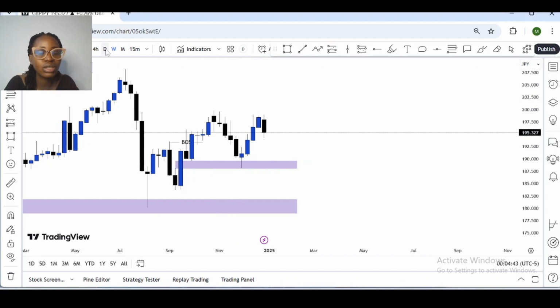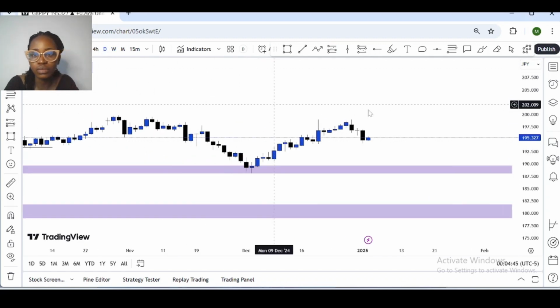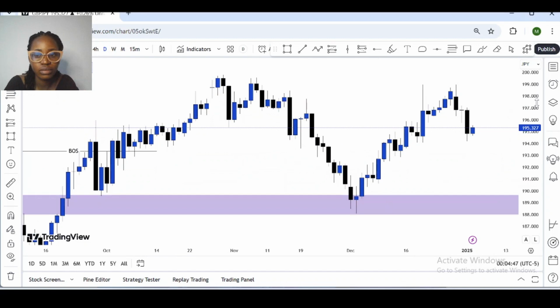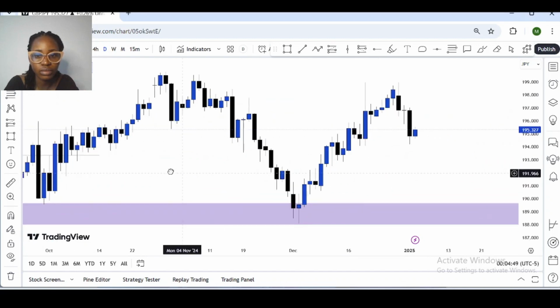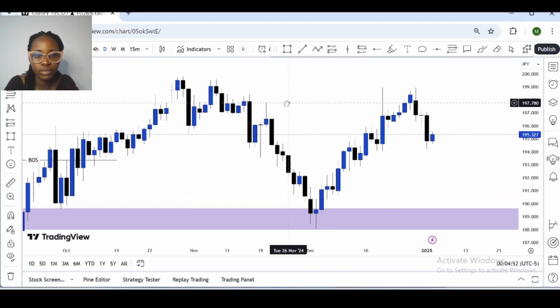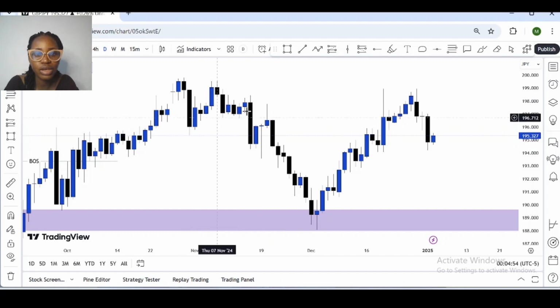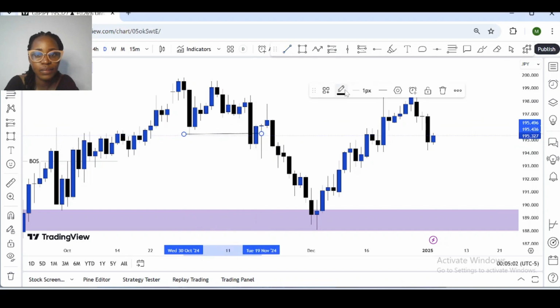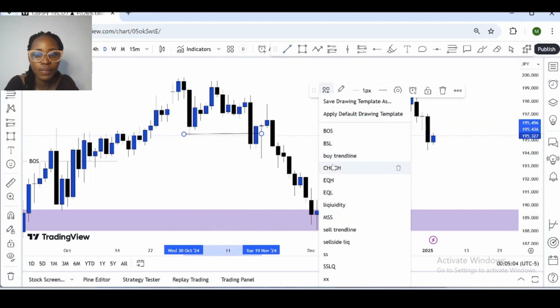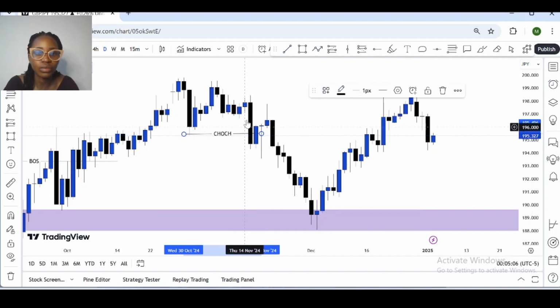Let's go to the daily time frame. So on the daily time frame, here we have a change of character. Price retraced into this origin that caused this change of character.